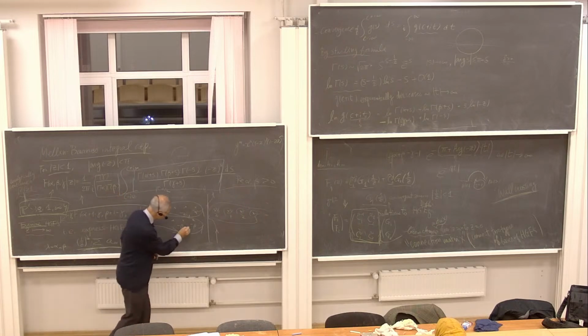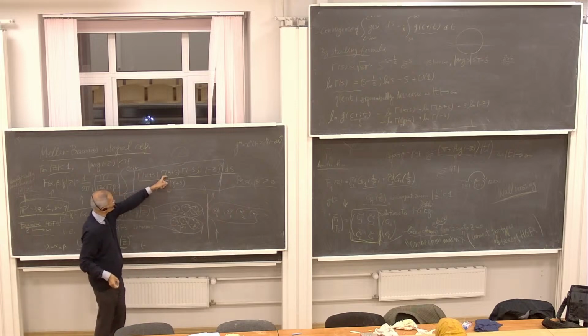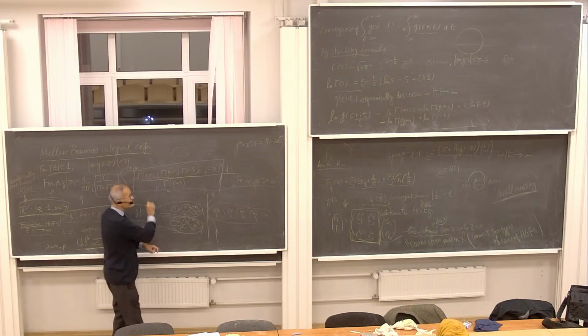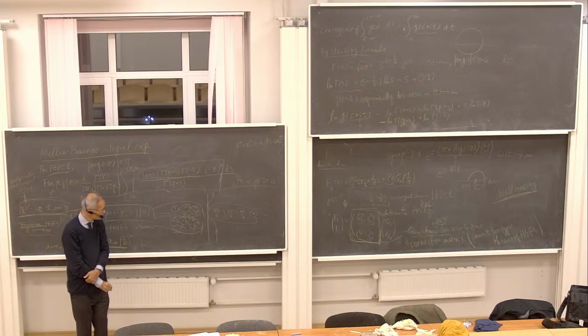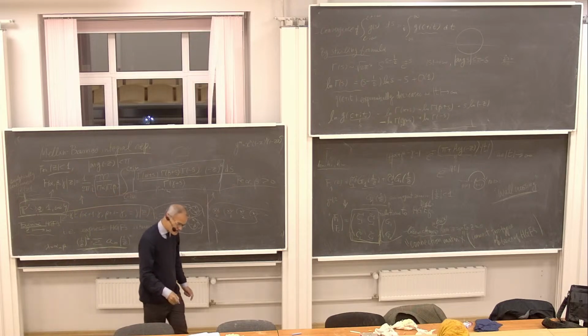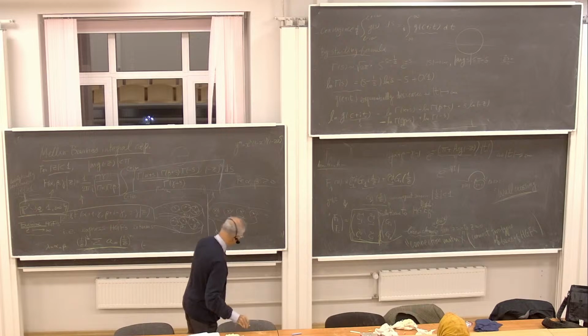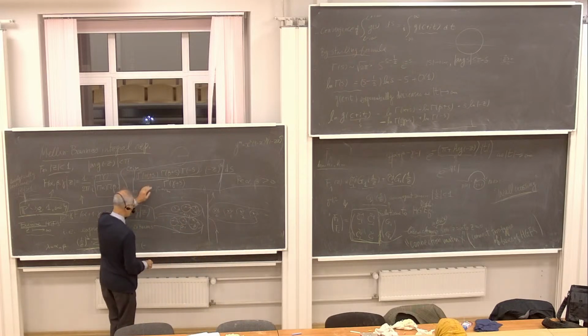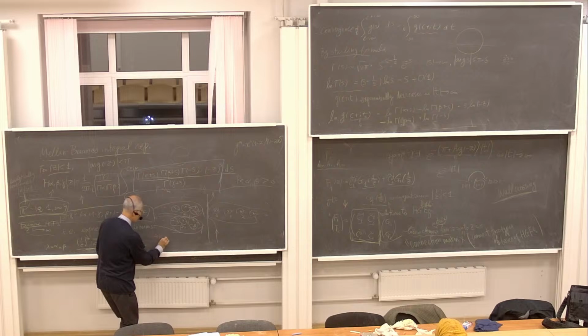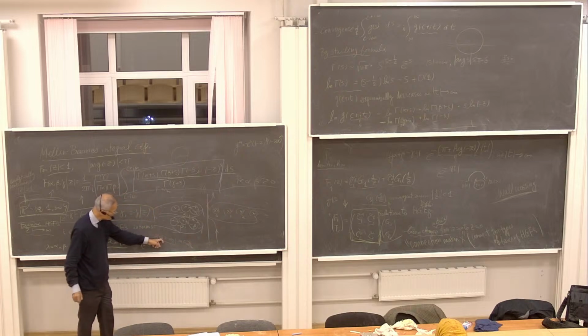And this will give rise to a summation of residues at these poles of this part. So it will be a summation over alpha plus s equals minus m, with m a positive integer. You gather the residues.